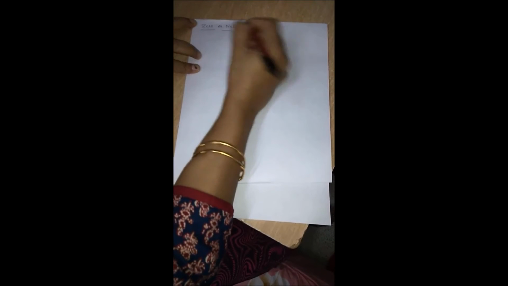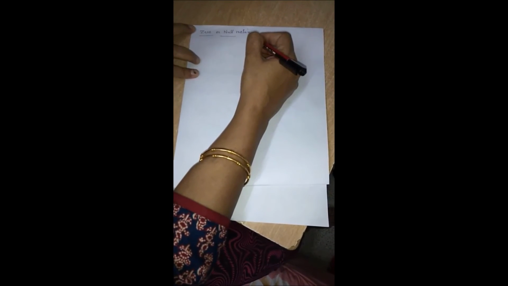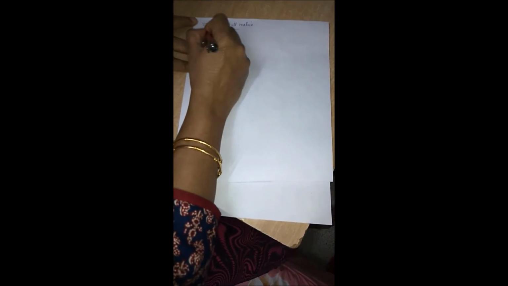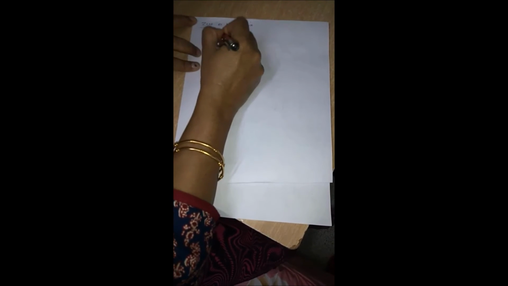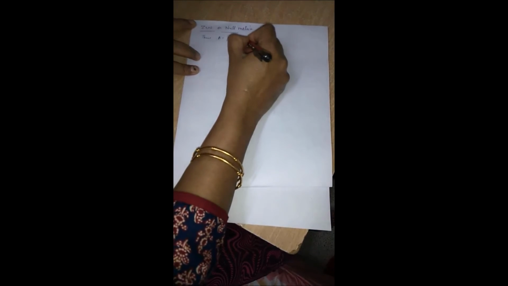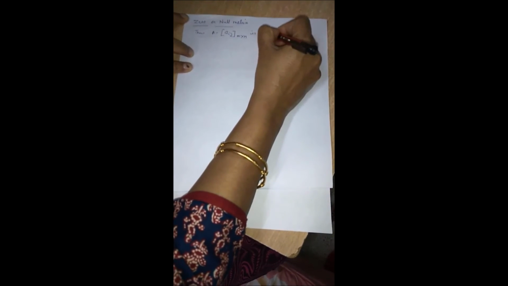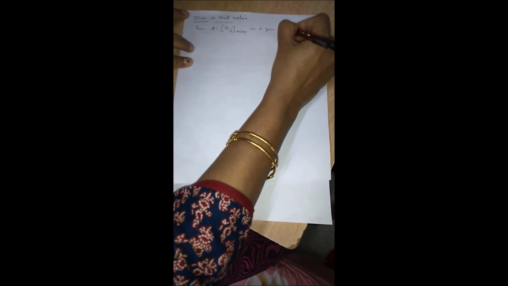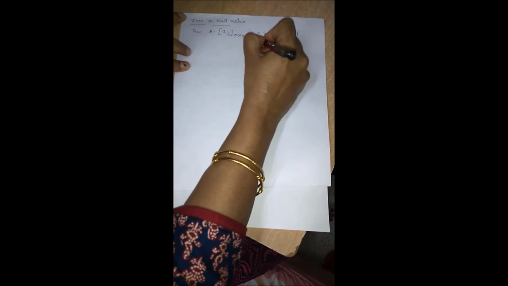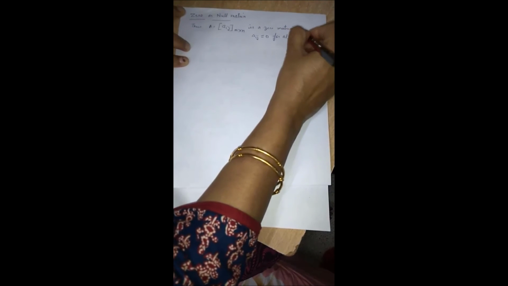Zero or null matrix. If in a matrix all the elements are 0, then it is called a zero matrix and it is generally denoted by O. Thus, A equals Aij m cross n is a zero matrix if Aij is equal to 0 for all i and j.